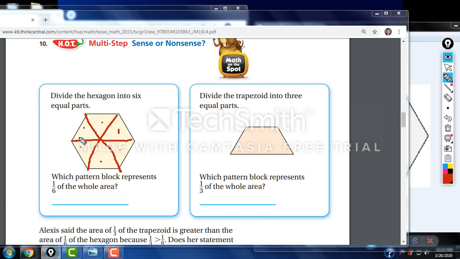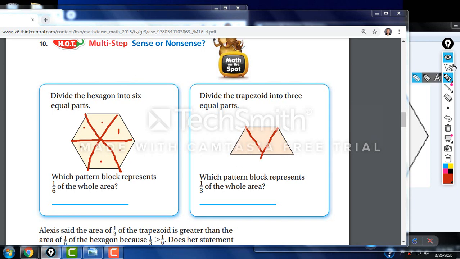Which pattern block? What shape is this? Yes, triangle. Divide the trapezoid into 3 equal parts. So again, we did this one already. Which pattern block represents 1/3? Yes, it is the triangle here.